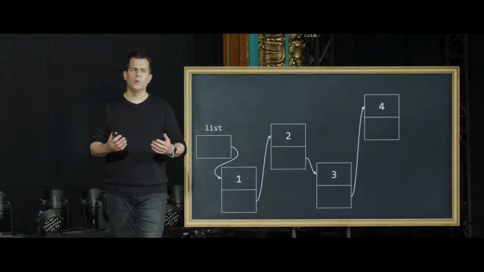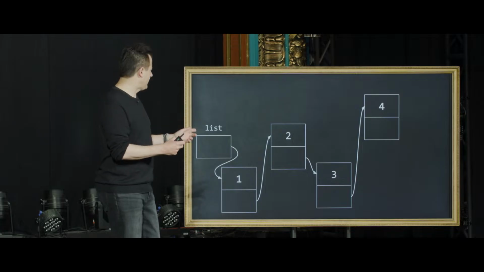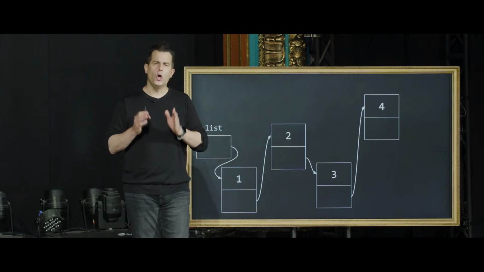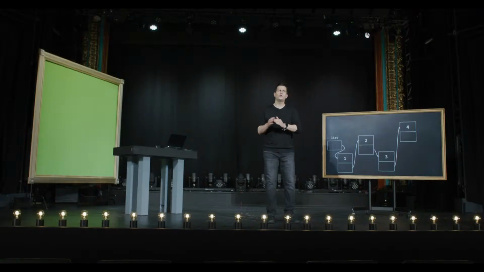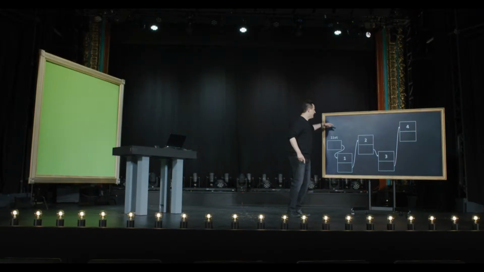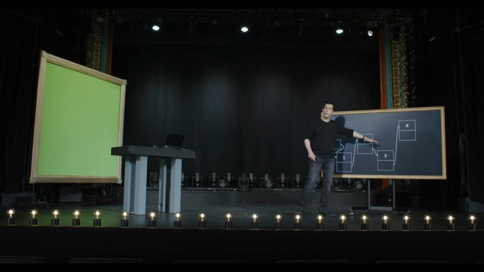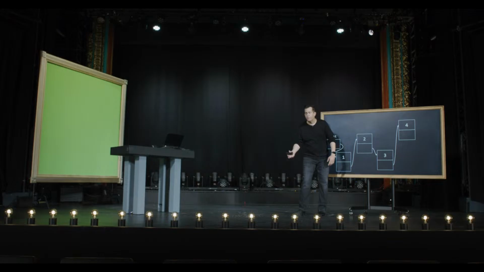Why? Well, even though you and I have this sort of bird's eye view of this picture and can kind of ballpark that the middle is like roughly over there, you don't know how to get to the middle unless you start at the beginning of the list, count all of the elements therein, then do it again and go to the halfway point, and then the halfway point of the halfway point, and so forth.